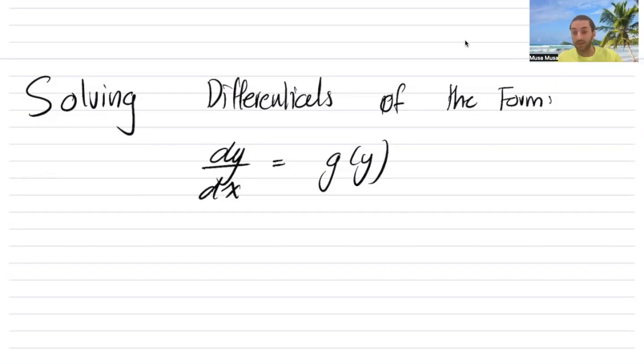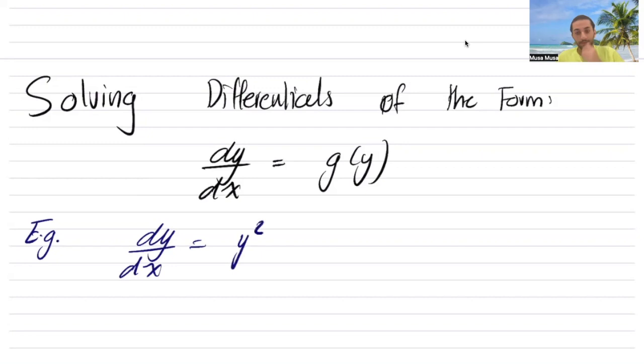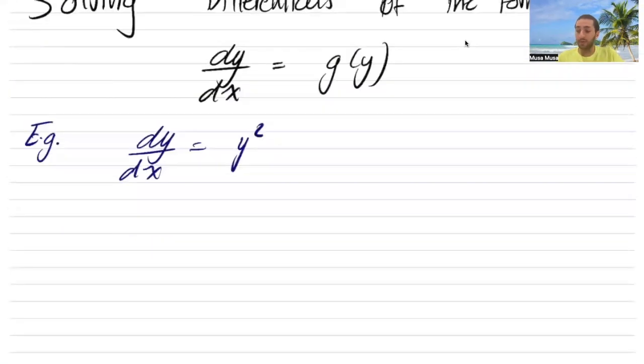Let's give ourselves an example and we'll see how we run into a bit of an issue, or how it's a bit different to ones from before. So let's say you had dy dx is equal to y squared. Normally, we would say, oh, that means y equals the integral of whatever's on this side with respect to x.